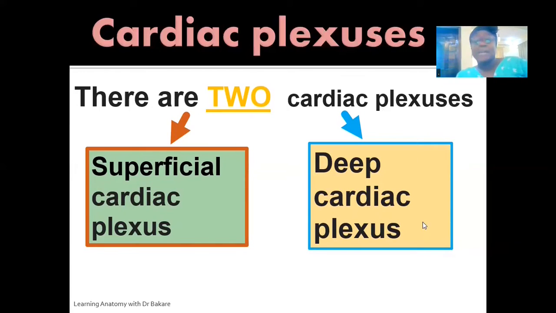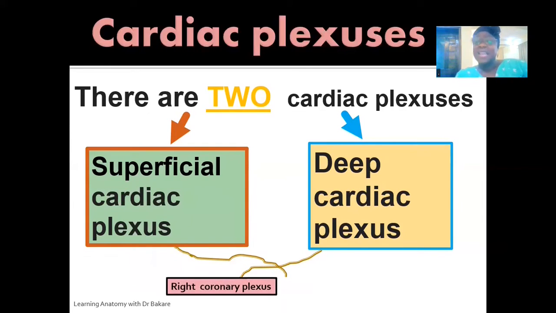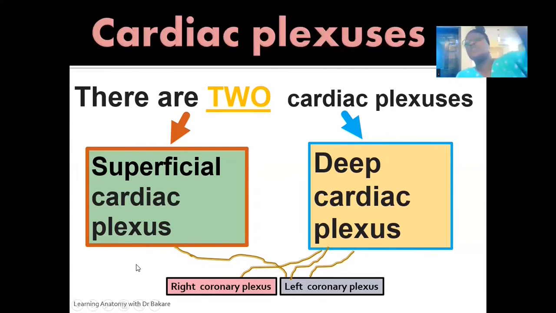So apart from the cardiac plexuses, we also have the right and left coronary plexus. So they are seen to contribute nerves around this point in also forming another plexus that is called the right coronary plexus and also the left coronary plexus. So we have the cardiac plexuses giving nerves to form the coronary plexuses. You can see how interesting this is. As we go through with this lecture, we will see how this will be unfolded.